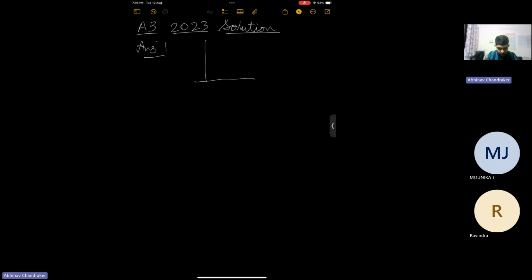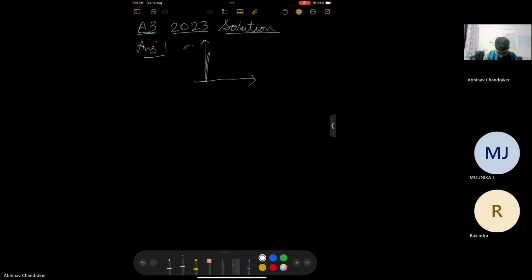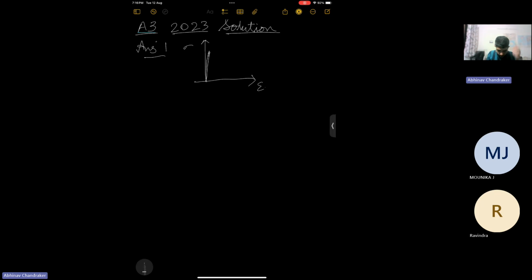We had seen in the lecture that it will be something like this, a very quick loading, almost instantaneous. Let's say this is time. So stress is applied very quickly, or actually this axis I think should be strain. The stress is applied very quickly, but we do not see much change in strain.